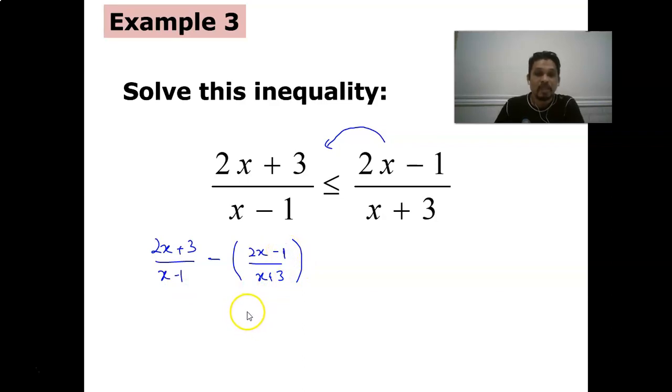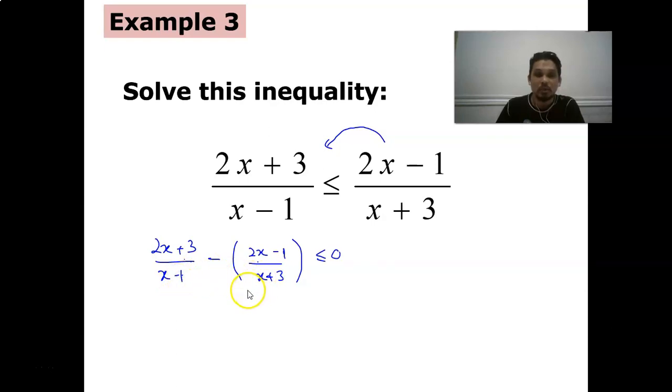Okay, now both are fractions, but right now the denominators of these two are not equal. This one is x - 1 and this is x + 3. So we cannot simply make an operation between these two unless we can come out with the result of these two fractions with an equal denominator.